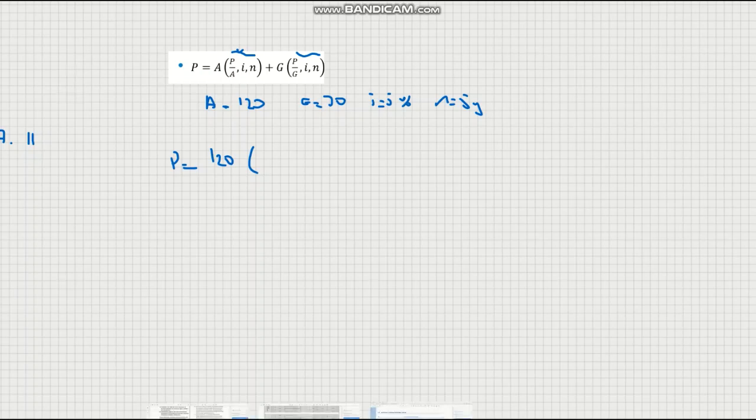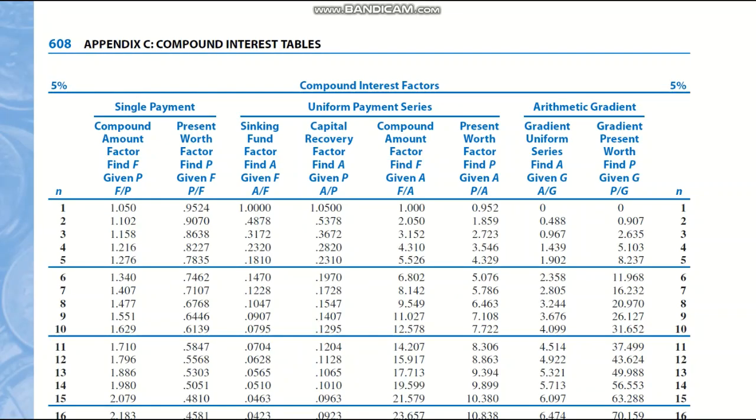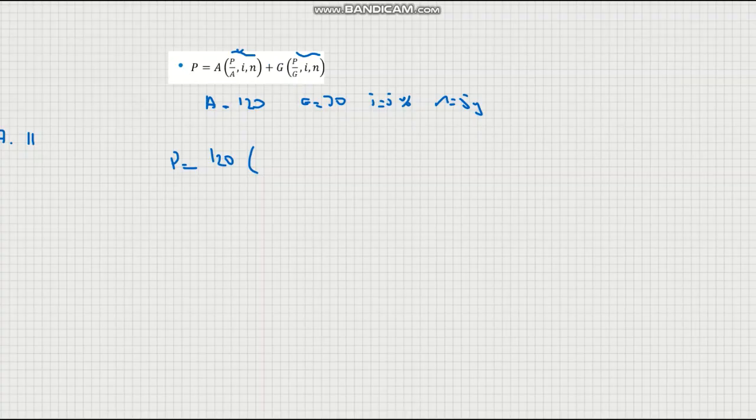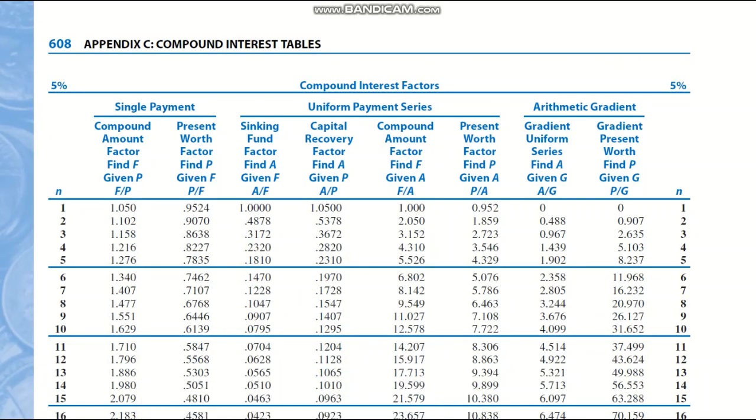Again, let's go back to the textbook. It's giving me 4.329, plus $30, and I need to multiply by P over G, I, N. Again, let's go back to our textbook, which is 8.237.